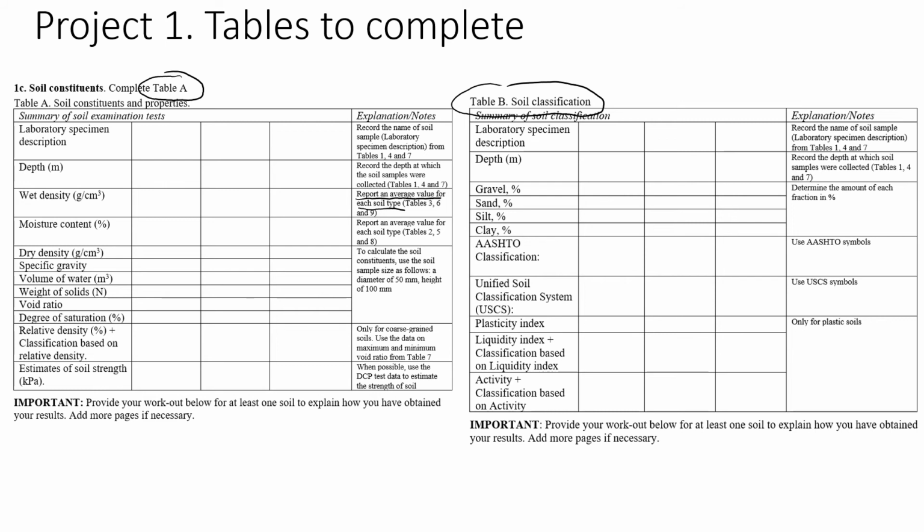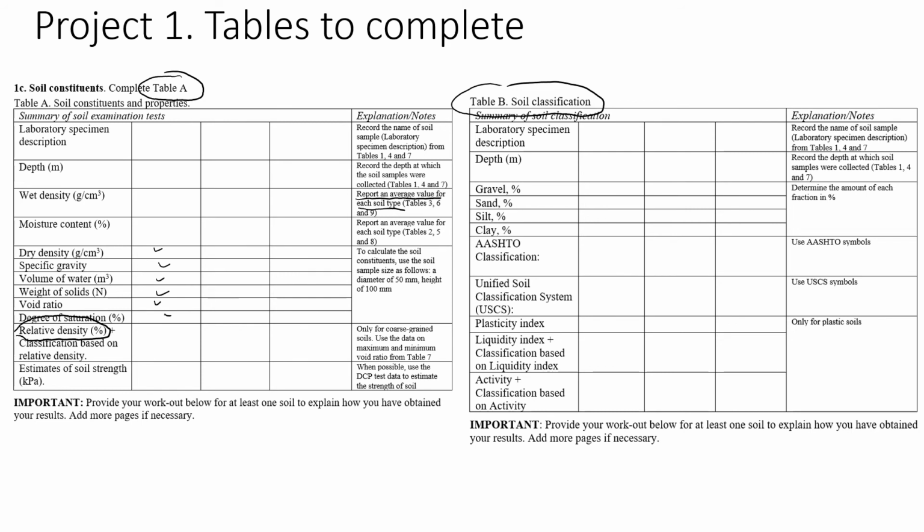Then after that, you just calculate dry density, specific gravity, volume of water, weight of solids, weight ratio, degree of saturation. And you're going to have one soil which is sandy material. So for that sandy material, you're also going to get relative density and classify it. Don't forget to classify it.